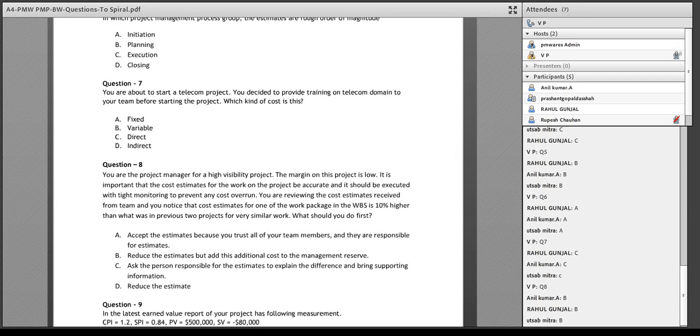You are reviewing the cost estimates received from the team and you notice that the cost estimate for one of the work packages in the WBS is 10% higher than what was in the previous 2 projects for very similar work. What should you do first?